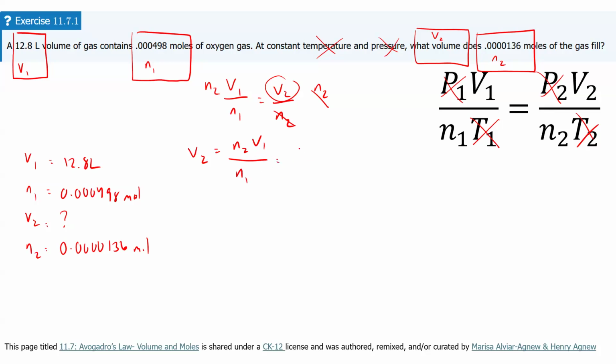Plug the numbers in. N2 is 0.0000136 times V1, which is 12.8 liters, divided by N1, which is 0.000498. Sorry, this is moles and moles, but those cancel out. So we have V2.